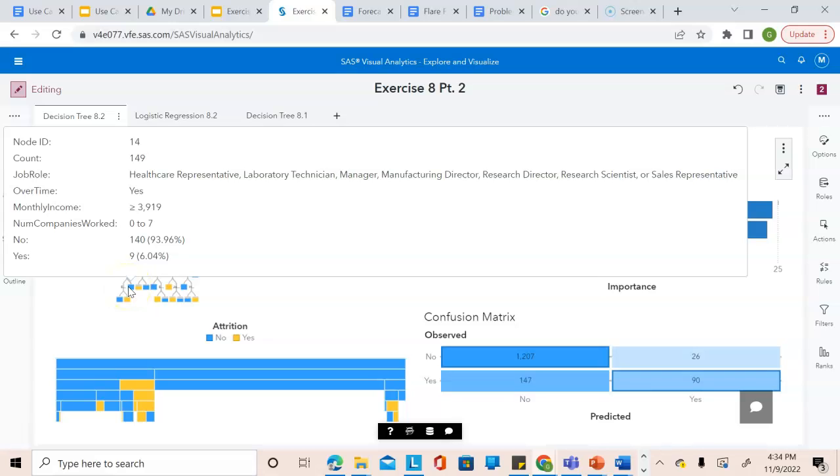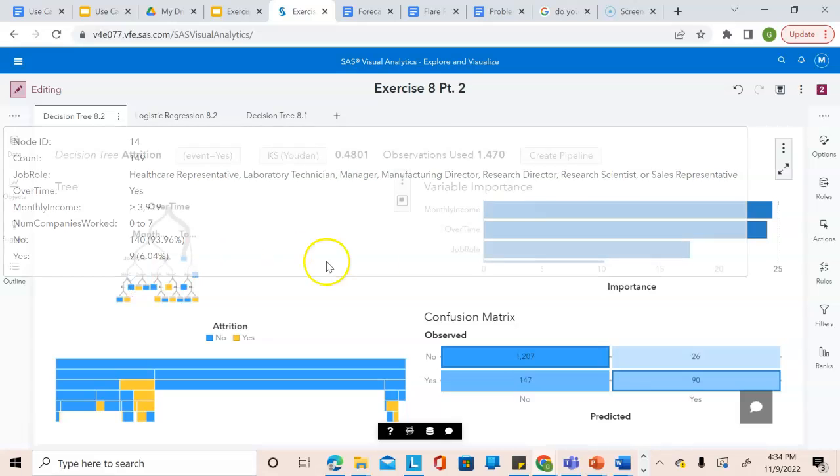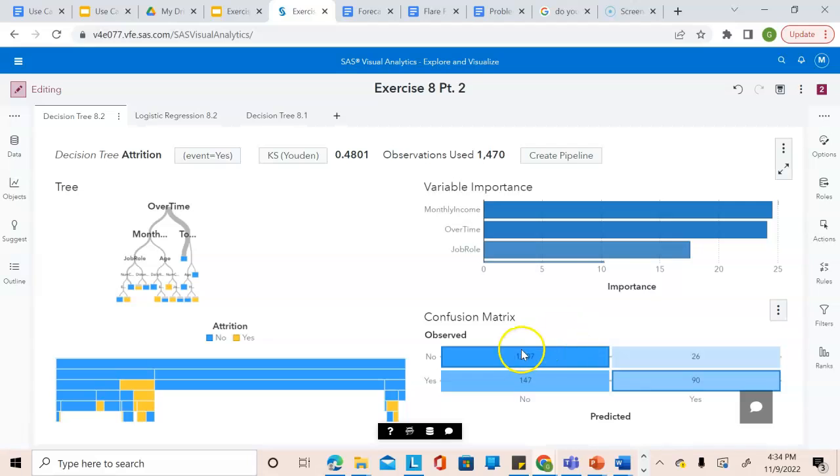Then it wants us to analyze the confusion matrix and comment on the performance of the model. So we can do that here, the confusion matrix. For those that it was predicted no and observed yes, 147, which is about 62%.